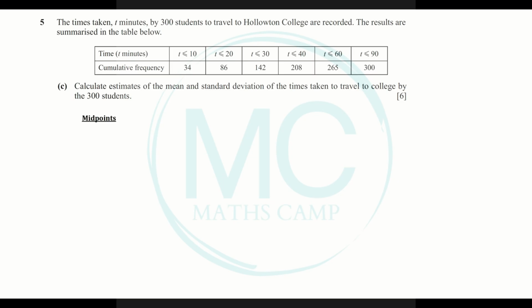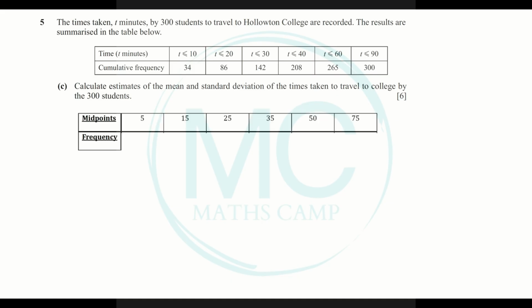For our first interval, the midpoint between 0 and 10 is 5. The second interval between 10 and 20 is 15. 20 and 30 is 25. 30 and 40 is 35. 40 and 60 is 50. 60 and 90 is 75.